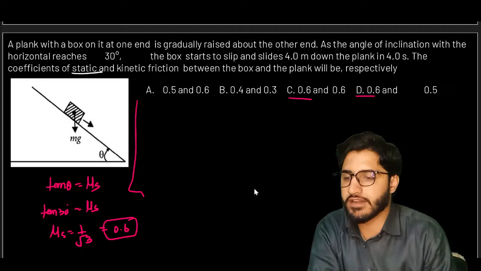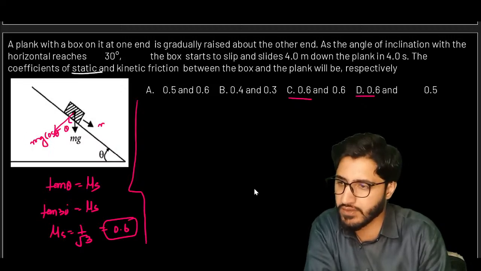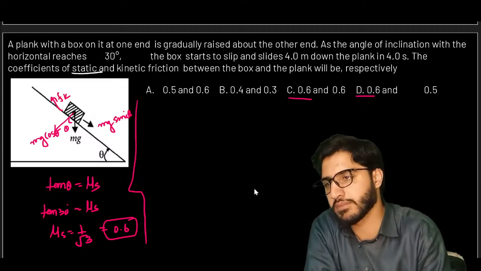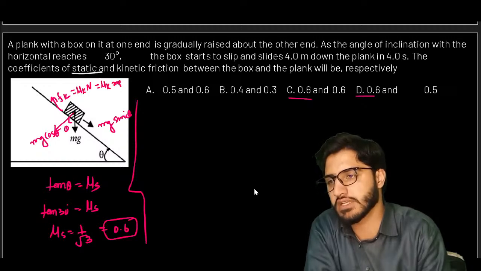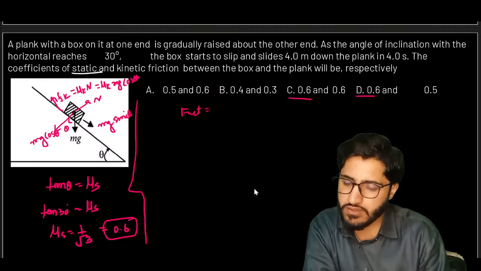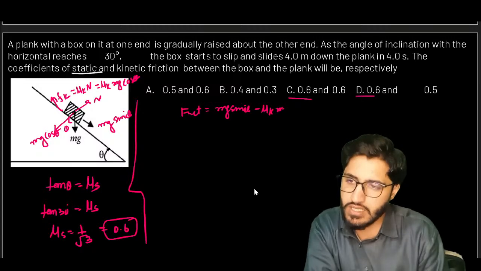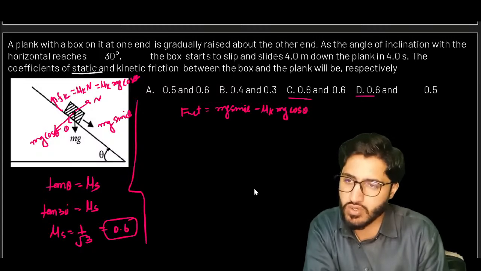Now we have to find out the kinetic friction. If this is my block, this is m, and this would be my theta, mg cos theta, mg sin theta, fk equals nu k times n, where n is mg cos theta. Can I write my net force will be mg sin theta minus nu k mg cos theta?